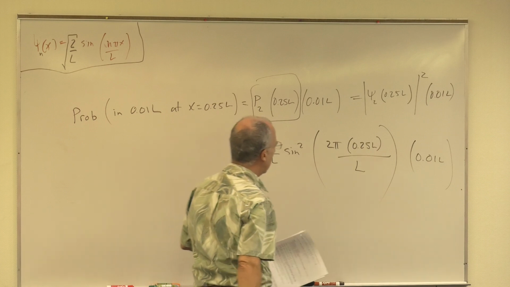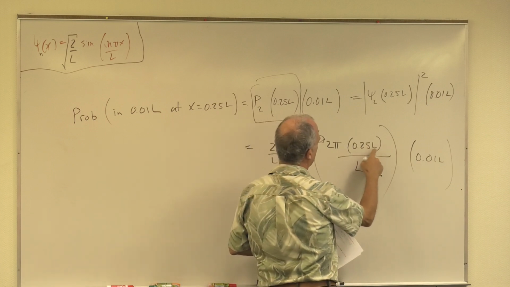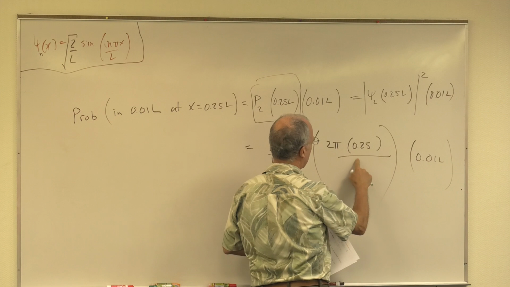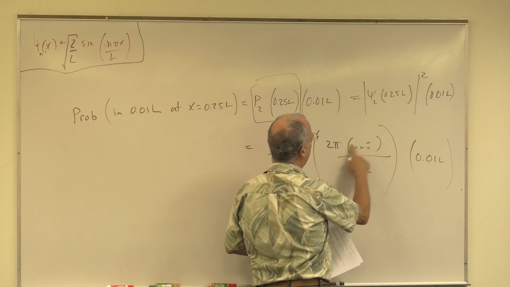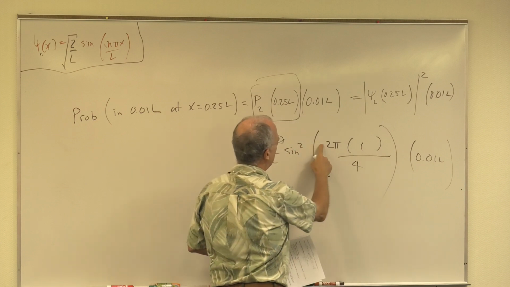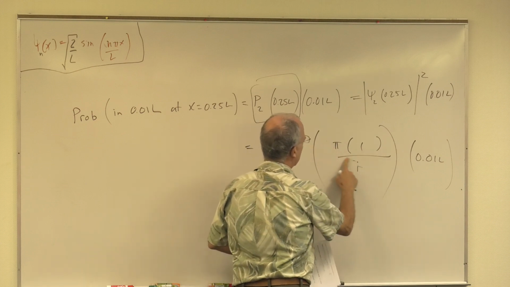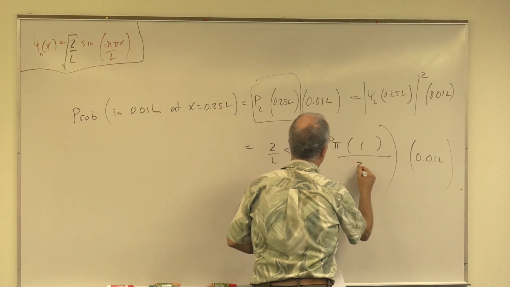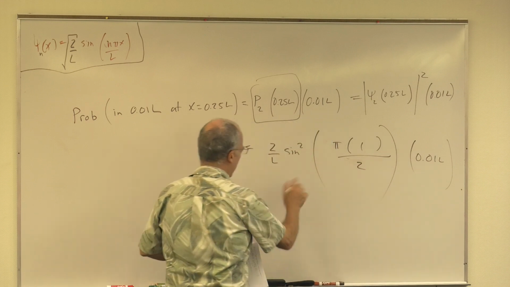Okay, so let's see. That L kills this L. 0.25 is a 4 on the bottom, and a 2 there and a 4 there becomes a 2 here. Okay? So let me just rewrite it so you can read it.